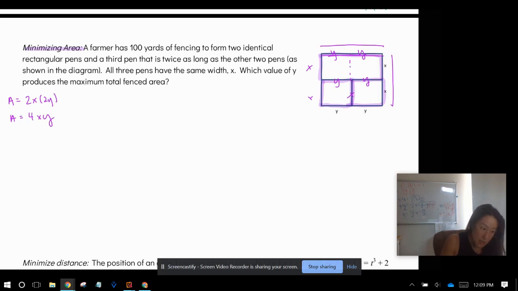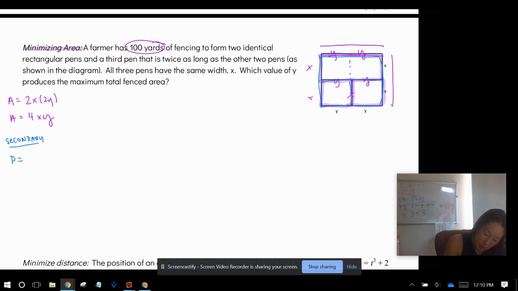And then we need to swap out one of the variables and use this 100-yard parameter. So my secondary equation, since it's 100 yards, is going to be about perimeter. So the perimeter is all the fencing here, every place I'm going to place a fence.